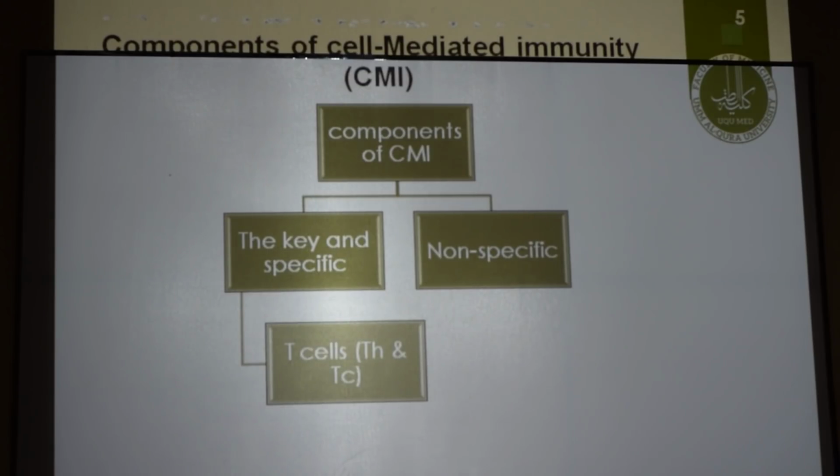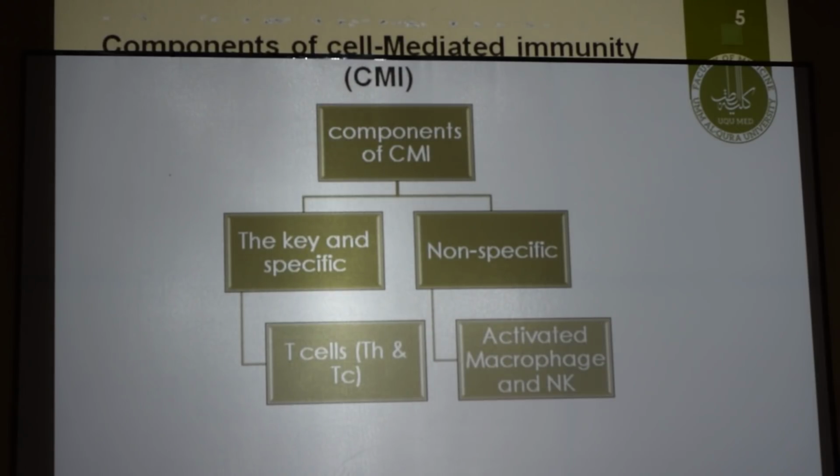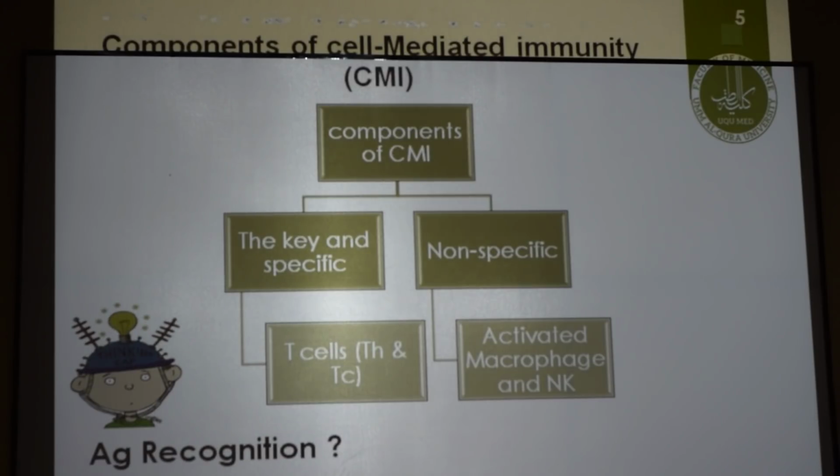And what components of the T cells? CD8, which is against the viruses, cytotoxic T lymphocytes, natural killer cells, then the helper T cells, regulatory T cells, they all will work. We'll see today all of them one by one how they are going to perform their function. But first thing is how the antigen will be recognized.